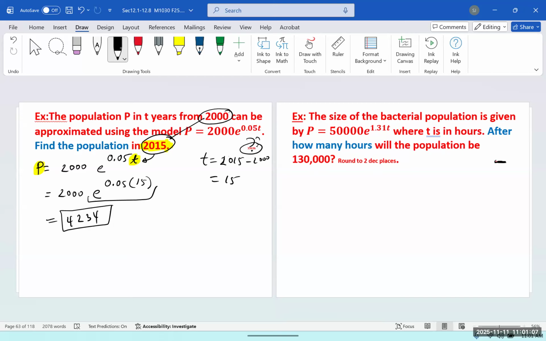So what did you do? It was 2,000 times e to the power of what? Now you have to put parentheses because in your power, you're going to put two things: 0.05 times 15.